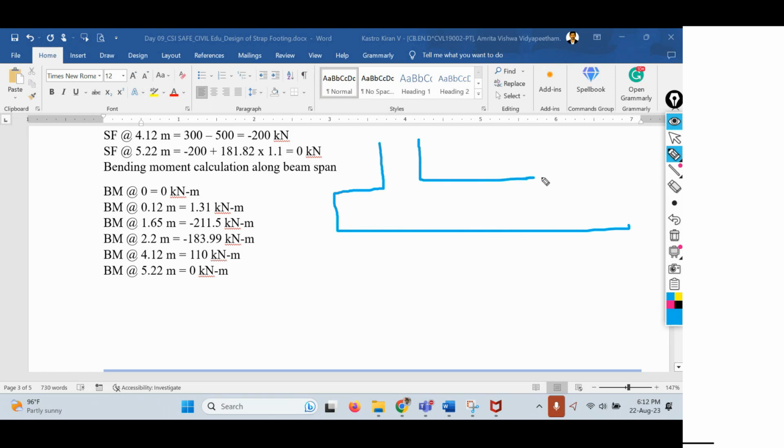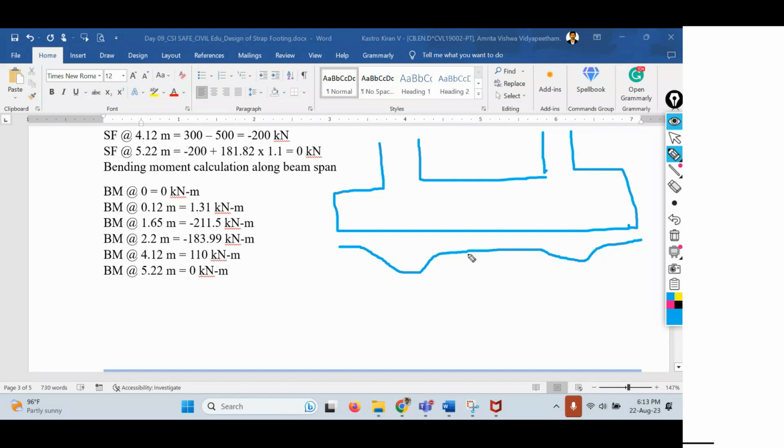We have already discussed this diagram, but anyway, let me talk about it. If you see this combined footing, forget about whether the beam is there or not. So how will the bending moment happen? Bending moment will be something like this, right? So this is how the bending moment will be.